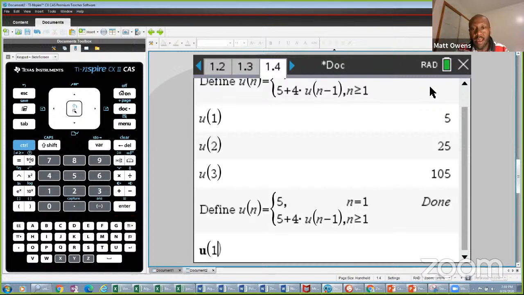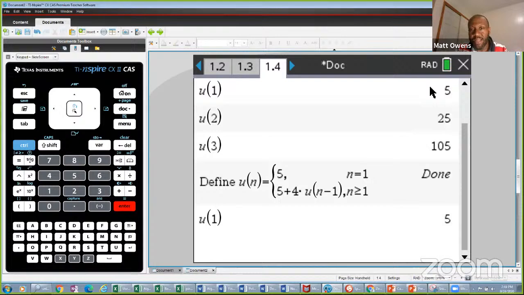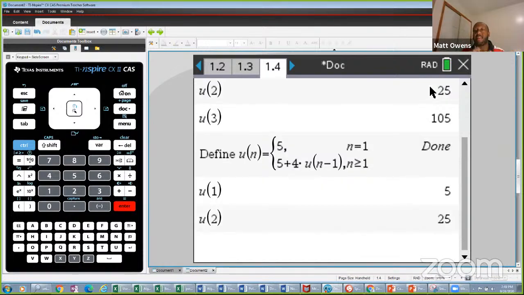But again, I know that u of 1 is this. I know that u of 2 will be this value. And the thing I love about this is I'm using multiplication, but I hope that we're starting to see something here.